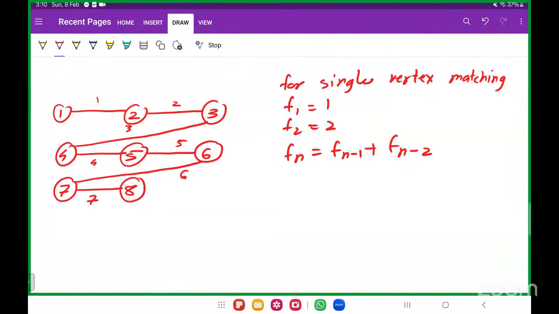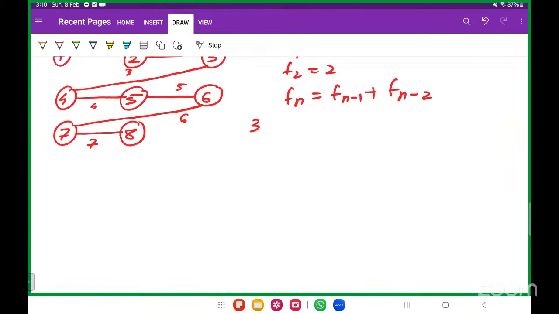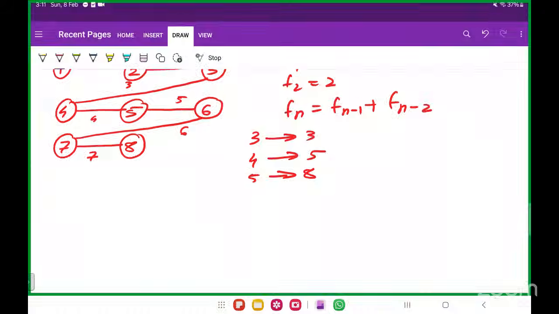Third will be 3, 4 will be 5, 5 will be 8, 6 will be 13, 7 will be 21, and 8 will be 34. So total there are 34 matchings.